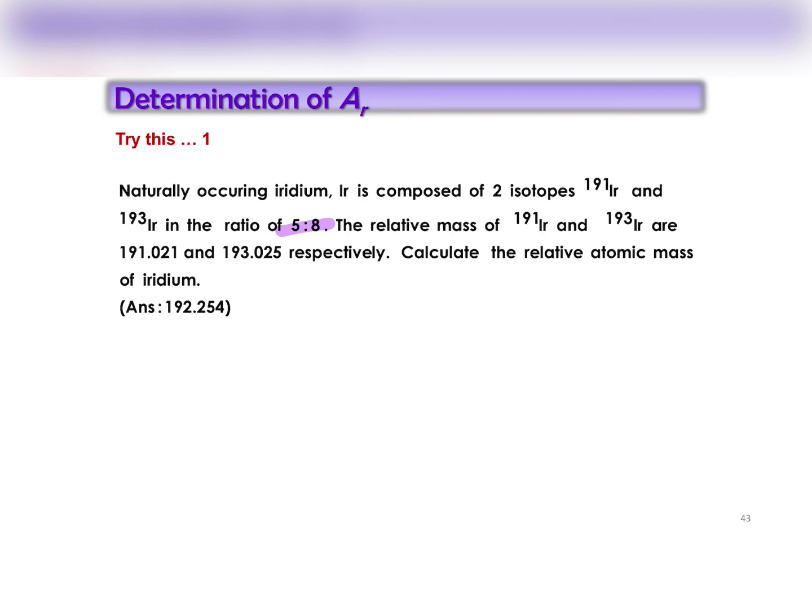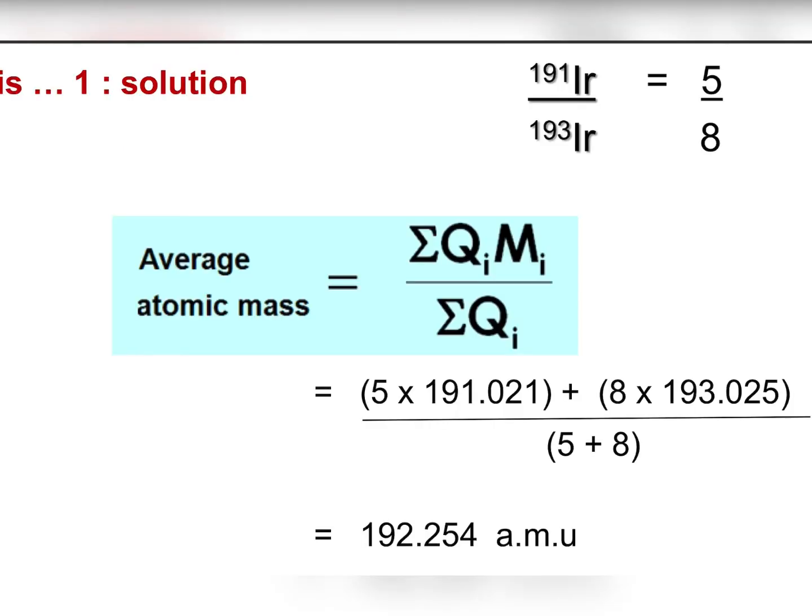The relative mass for each is 191.021 for iridium-191 and 193.025 for iridium-193. You are requested to calculate the relative atomic mass for the iridium with the ratio.